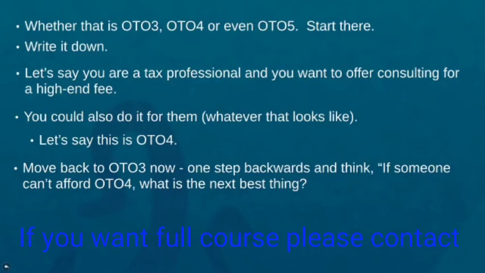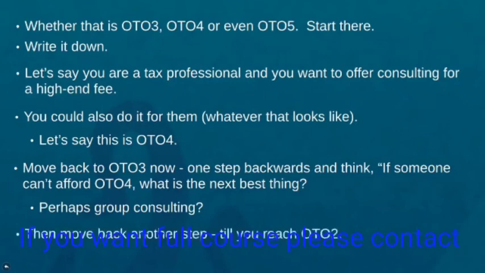In other words, we like to take a piece of that and move backwards. So what is the next best thing? Perhaps group consulting. So maybe group consulting could be one-time offer number 3, and one-time offer number 4 is one-on-one personal consulting. So number 4 is one-on-one, number 3 is group consulting, and then move backwards.